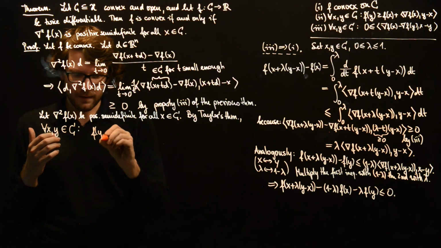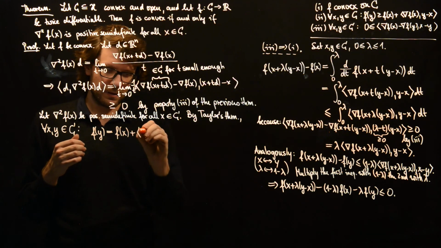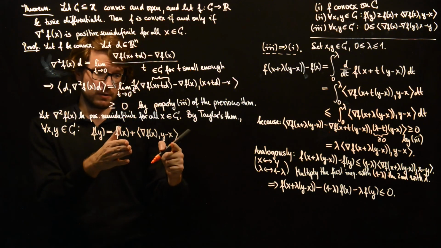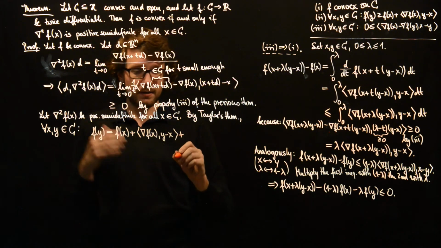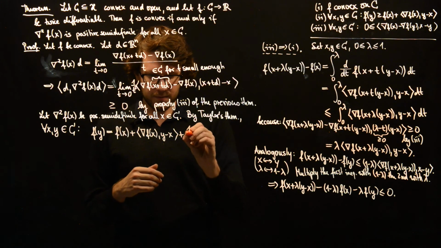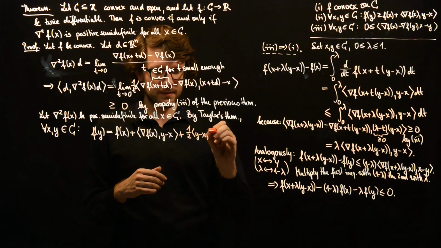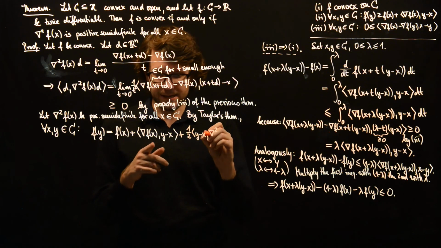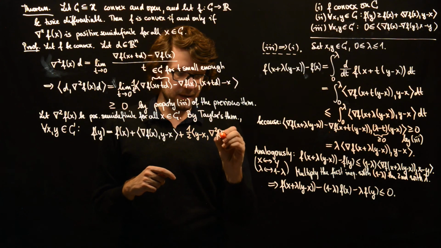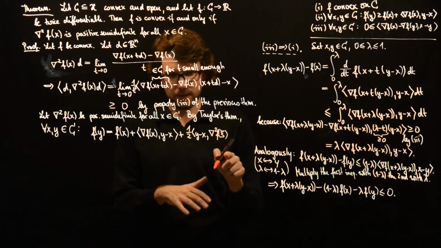f of y as f of x plus gradient f of x times y minus x. This is the first order Taylor approximation. And then we have the remainder term, which contains almost the same, except that we don't take the Hessian at x as we did here, but we take the Hessian at some point psi in between x and y.